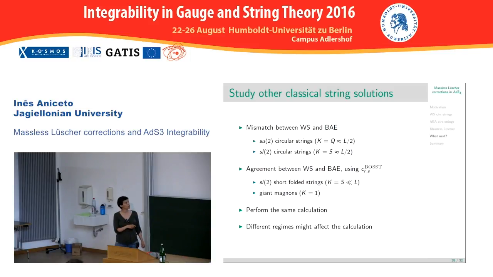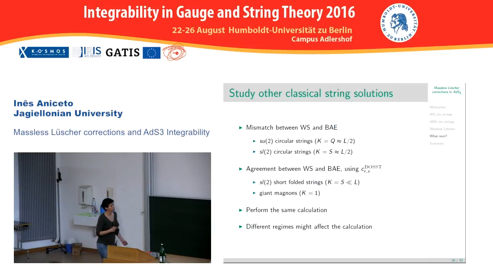The SL2 sector also has mismatches, and these are cases where the excitations are of order of the length of my space. But the SL2 short folded string, where the excitations are large but less than the length, and the giant magnon solutions, where the excitation is just 1, both of them actually agree between worldsheet and the Bethe ansatz calculation.